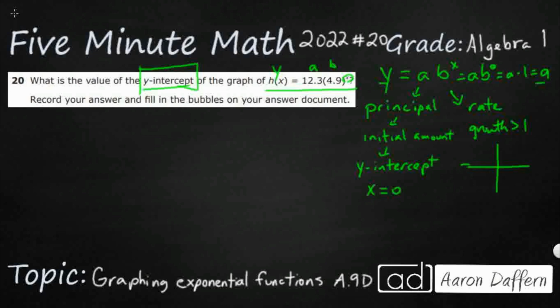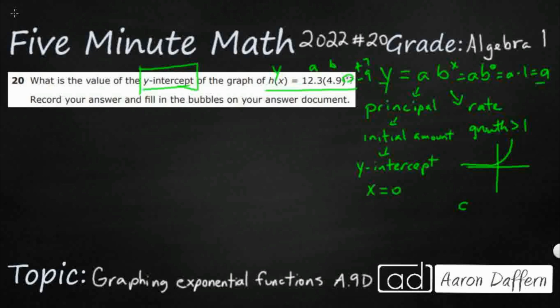Asymptote is always going to be on that x-axis, unless you add something to this equation like a plus 7 or a minus 9. That's how you can shift the whole thing up and down. When you don't have another term being added or subtracted from it, it's just going to be asymptote on that x-axis, and then it's going to grow up towards the right, which is what this one's going to do.